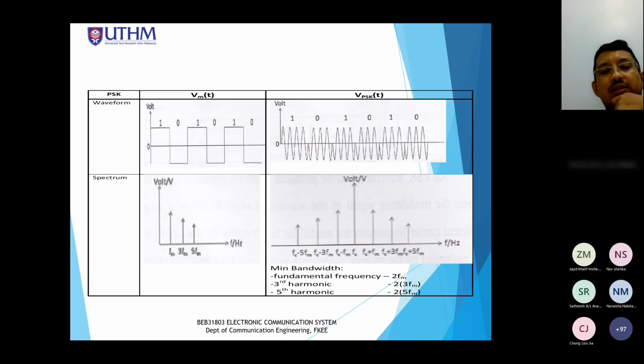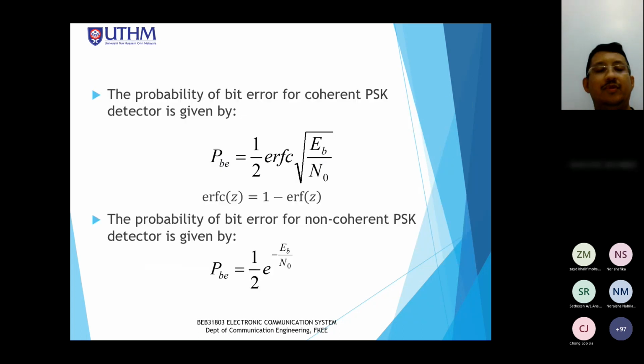So the way we calculate the bandwidth for the PSK is similar to the way we calculate the bandwidth for ASK, which is 2 times the fundamental input frequency. Okay, so if the input is up to 5th harmonics, that means 2 times 5 fM. And for the probability of bit error, only PSK is different compared to FSK and ASK.